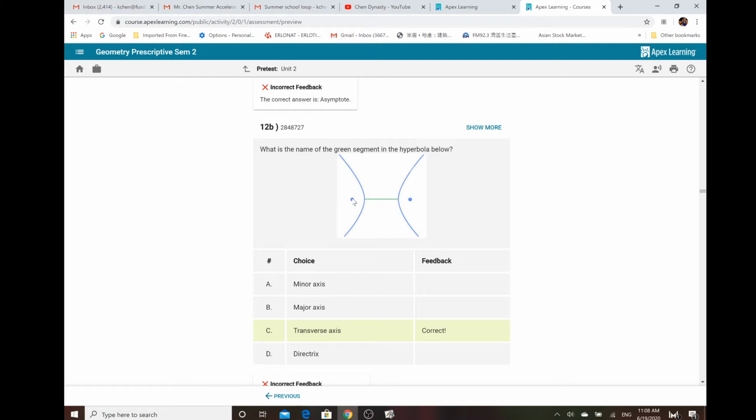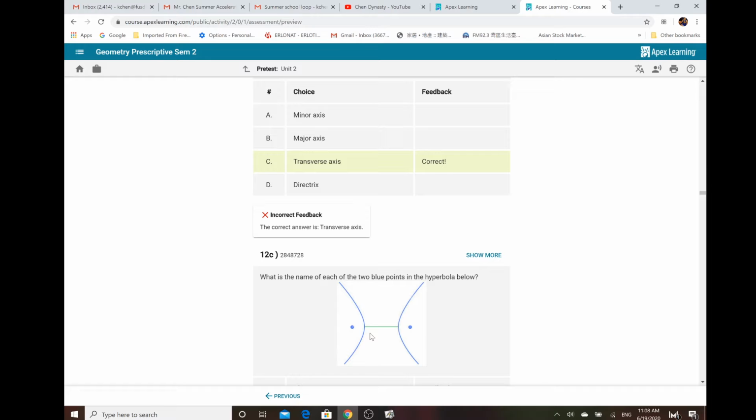I'm going to be careful with the points bounded by the hyperbola. These two points are called the foci for the hyperbola. And the green line segment, connecting one endpoint to another endpoint, is called the transverse axis.